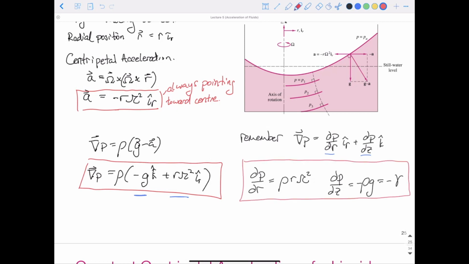So we have equations now for each of our partial derivatives of our pressure. Partial derivative of pressure with respect to r, and partial derivative of pressure with respect to z. So how can we find now one equation for our pressure as a function of r and z?